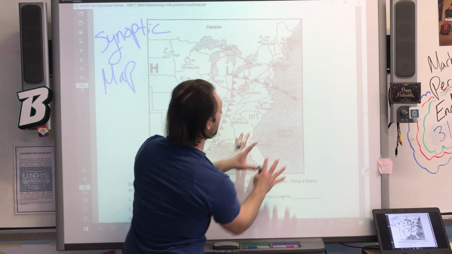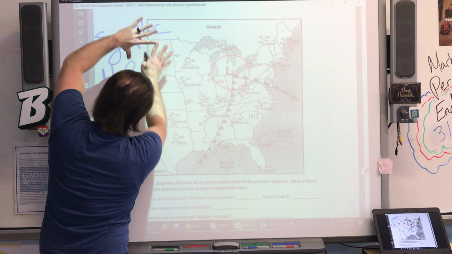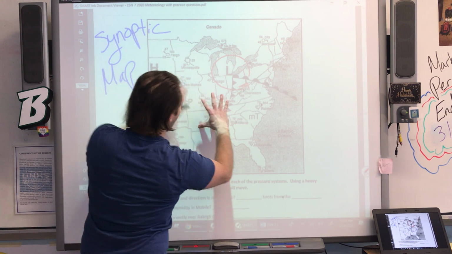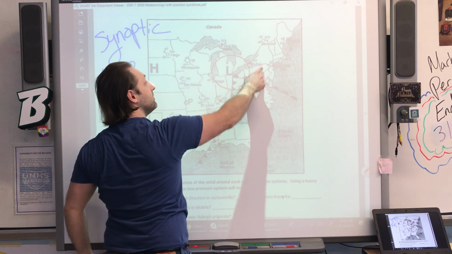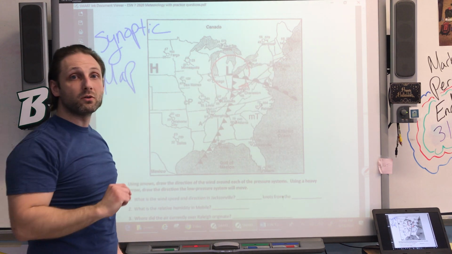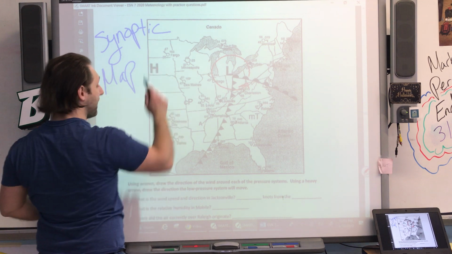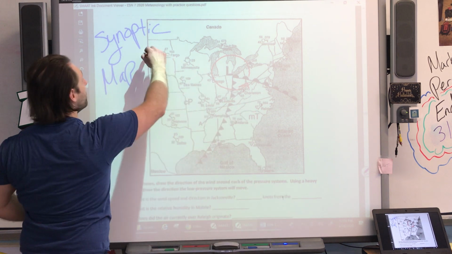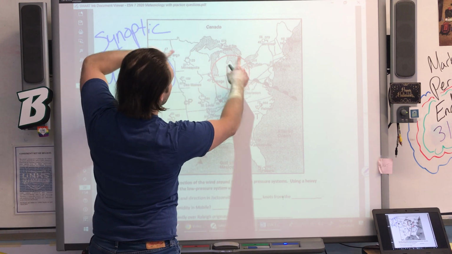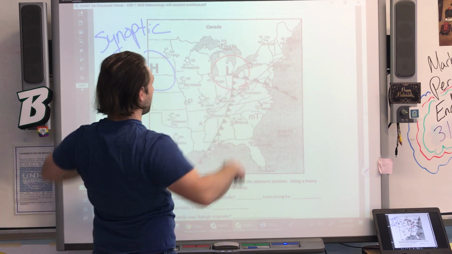So we've got the warm air being pulled up here, the cold air being pulled down south this way. So you can see that it's pulling in a counterclockwise rotational direction. Okay. For our high pressure, we've got clockwise. You can almost think of these things kind of like gears, where they mesh together kind of well.